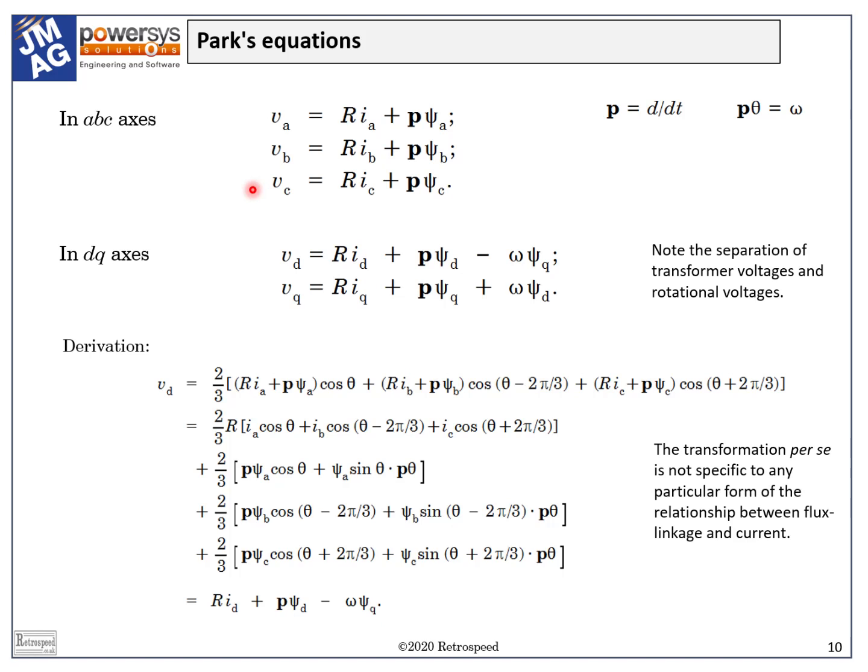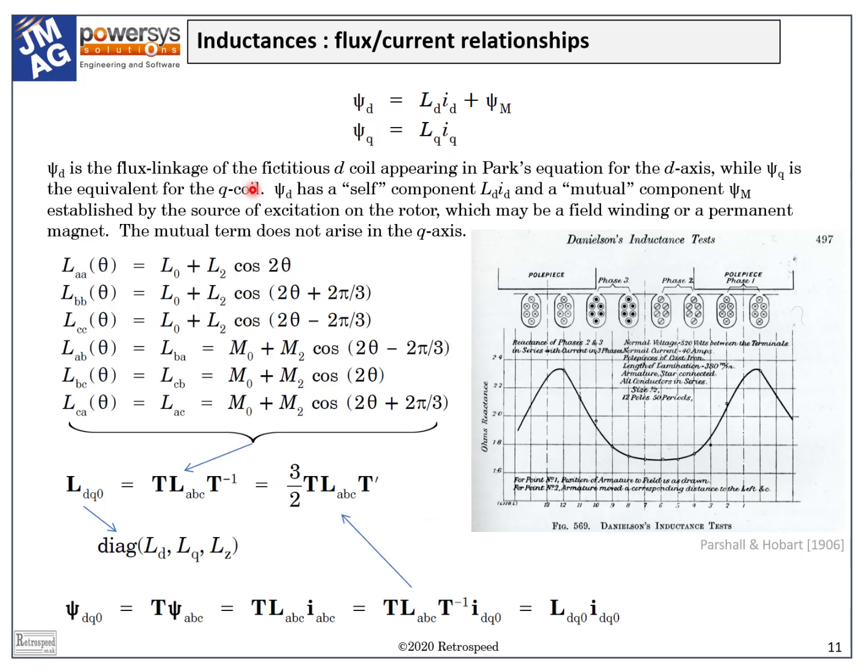The result of Park's transformation is that the number of inductances is greatly reduced from 9 to 2, even without counting the field winding in the synchronous wound field machine. We can see this in the next slide.